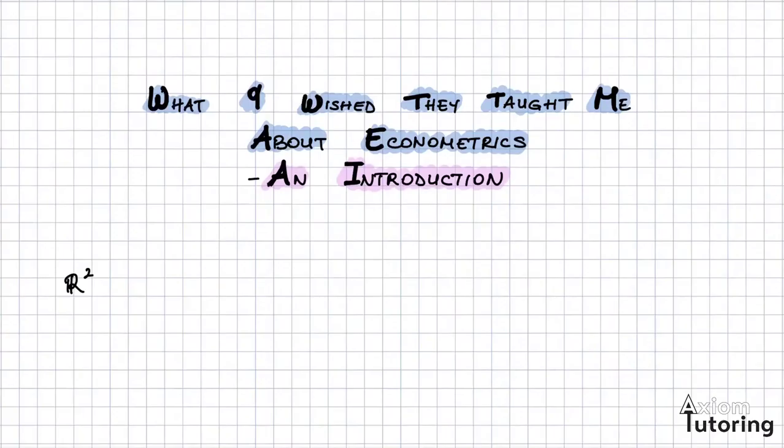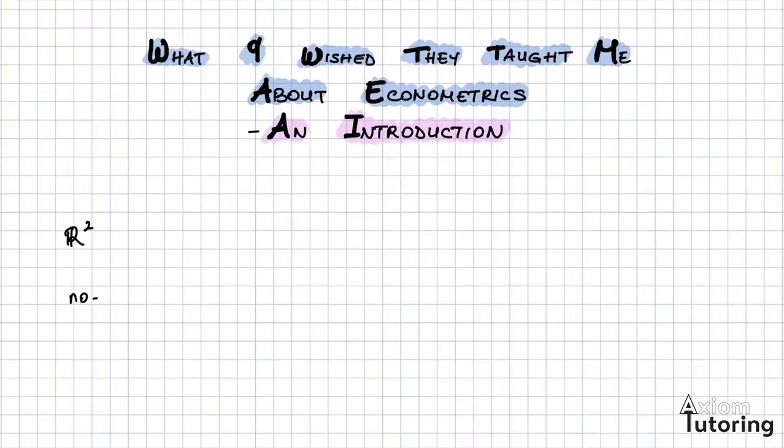Let's start from the simplest. Imagine that you have not run a regression yet. If you have no regression, then the simplest possible model for predicting is the mean of y for every observation.